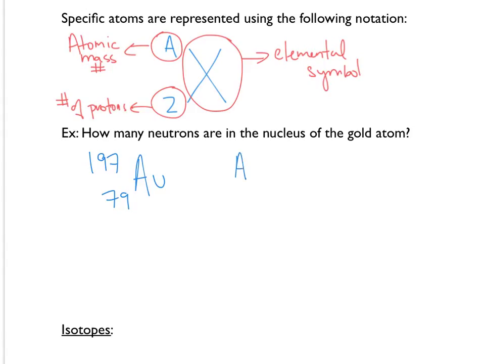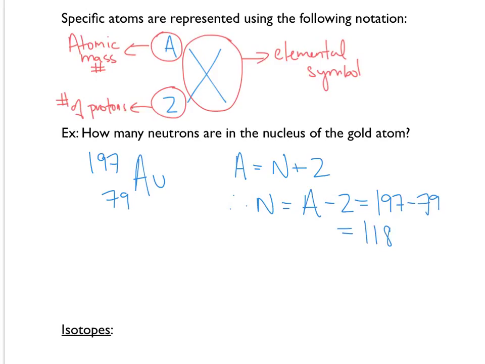Your atomic mass number is your number of neutrons plus your number of protons. So if I want to figure out how many neutrons we have, it's just going to be your atomic mass number minus your atomic number, which in this case is 197 minus 79, and therefore we have 118 neutrons.